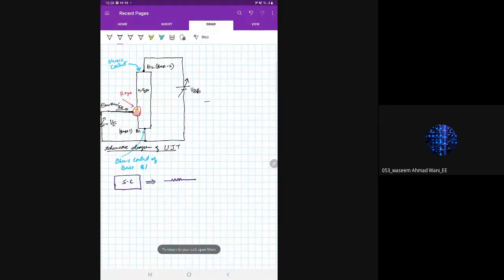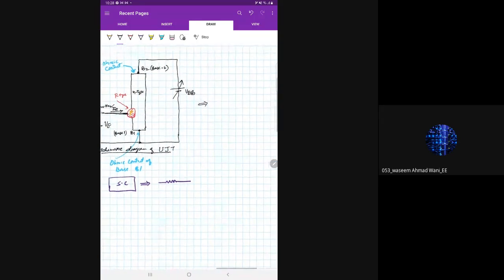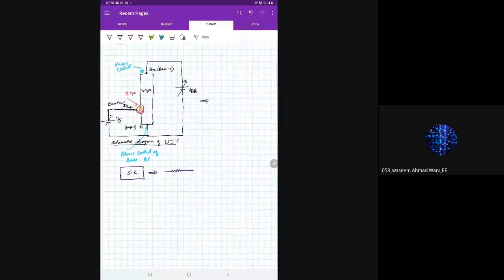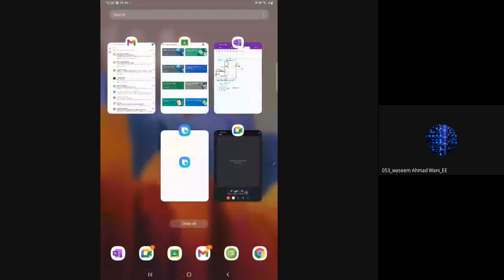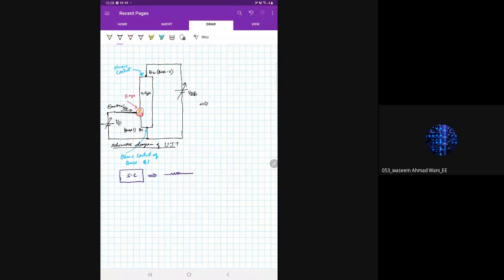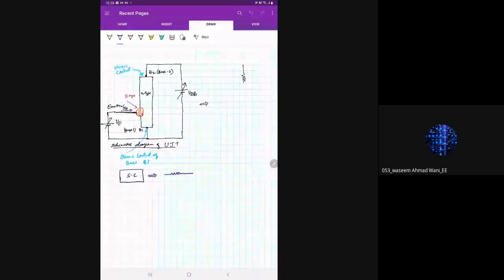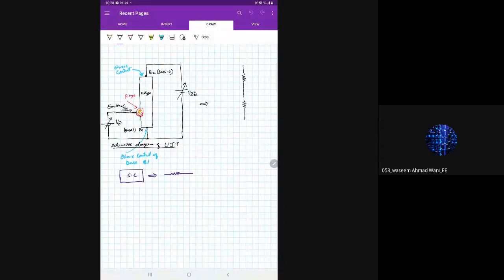So if we draw the equivalent circuit diagram of this structure, it will look like this. See, from base B1 and B2, you actually have two different resistors, which means you have a resistor bar. This is the B2 point and this is the B1 point.